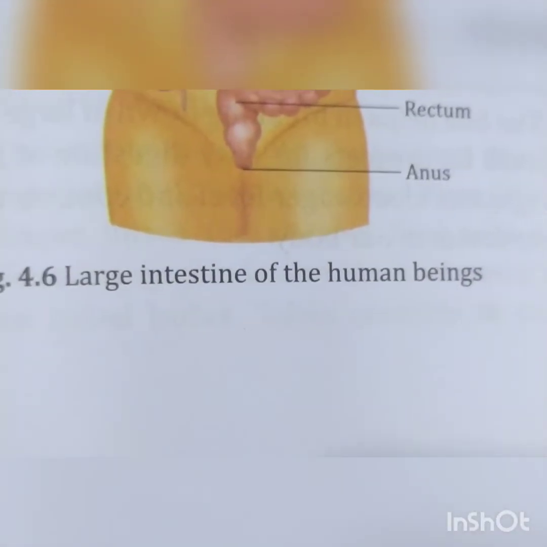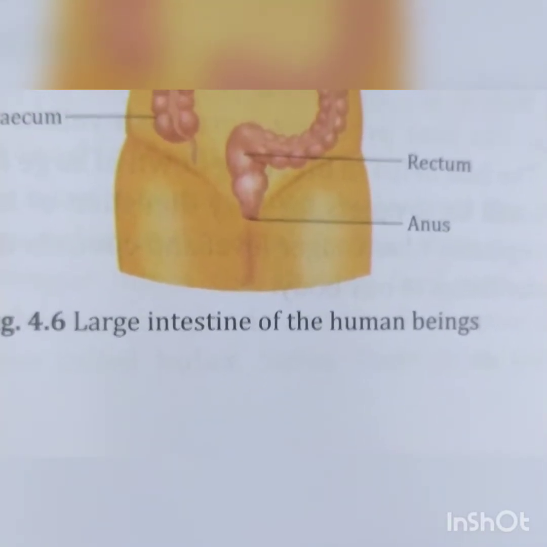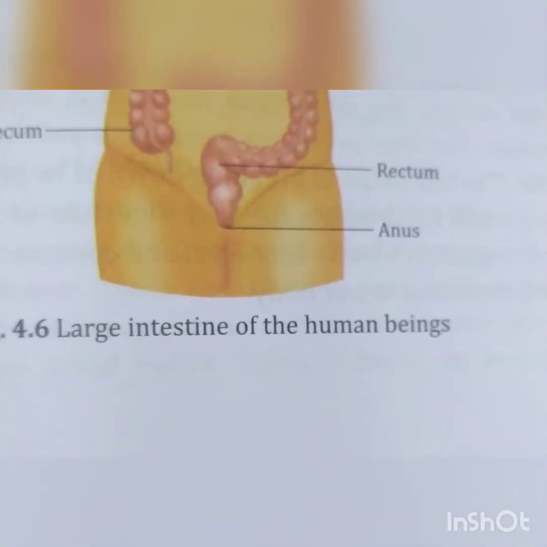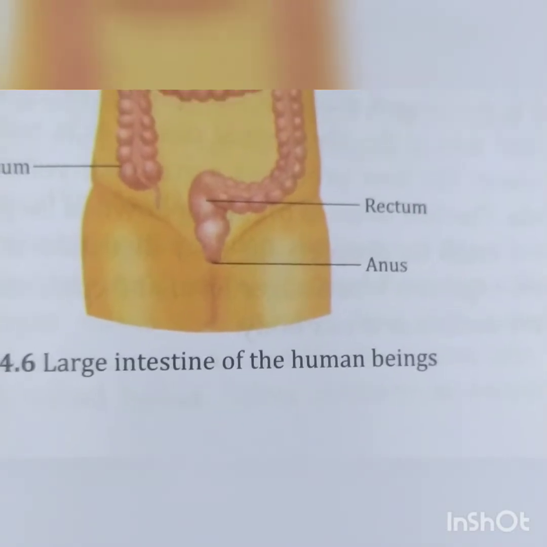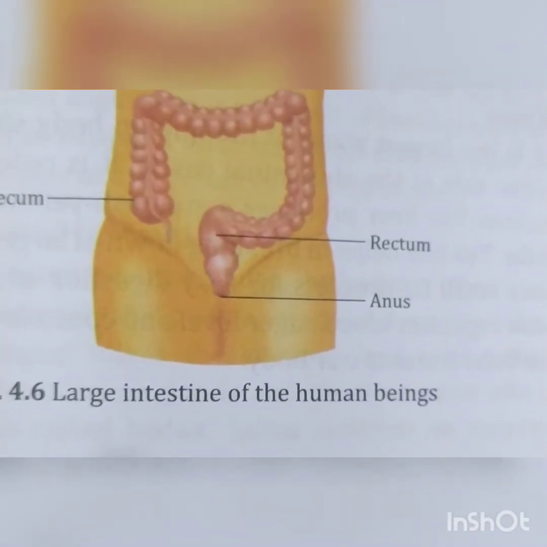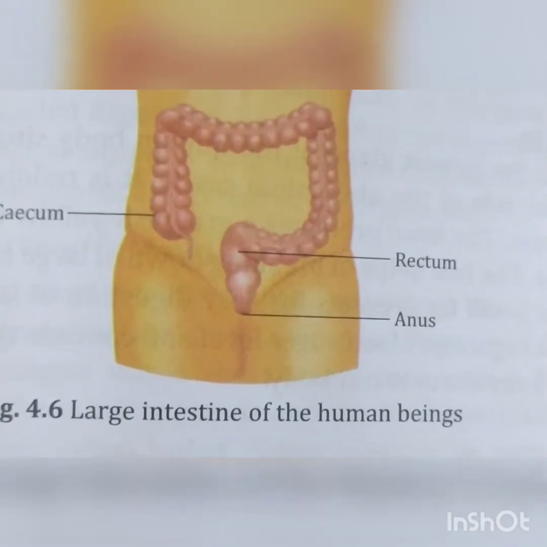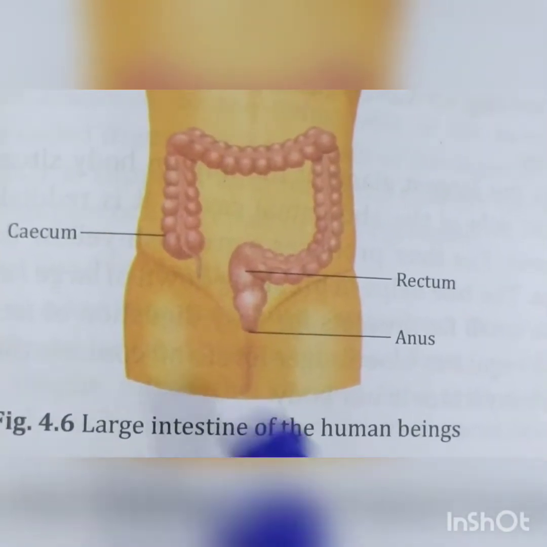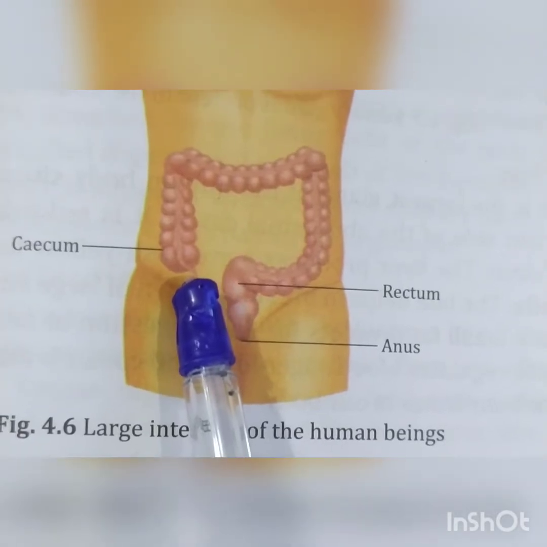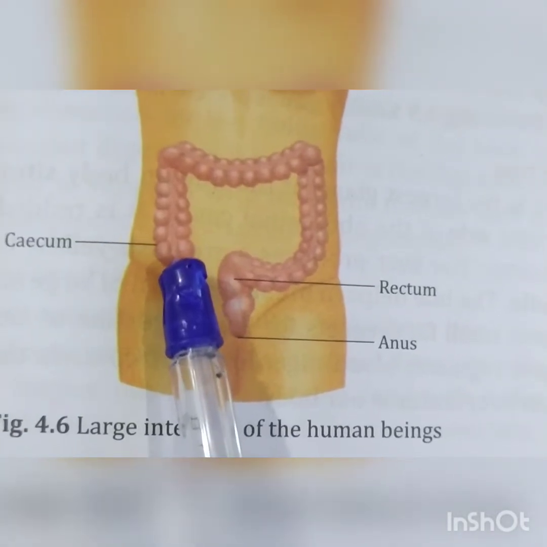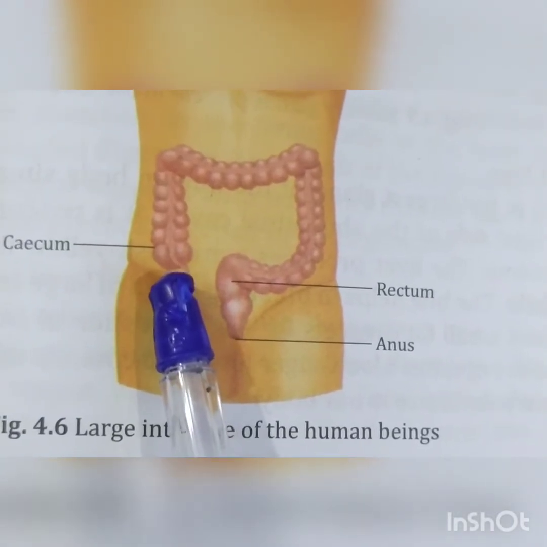Large intestine. It is a 1.5 meters long tube. It extends from the ileum of the small intestine to the anus. It has 4 parts: caecum or blind pouch into which the ileum of the small intestine opens.